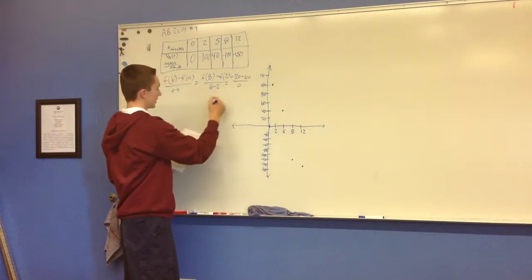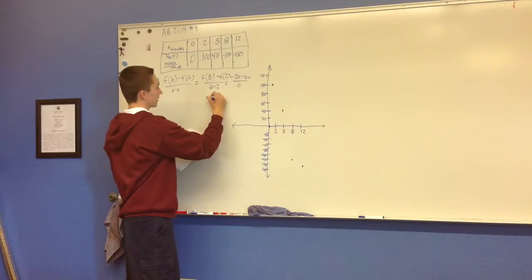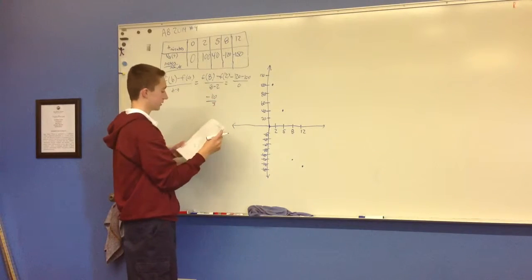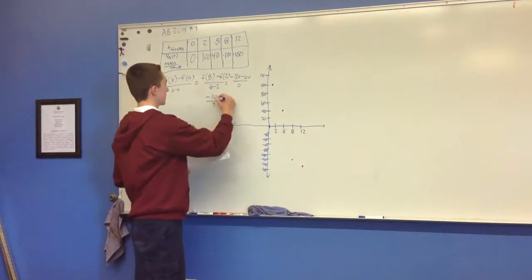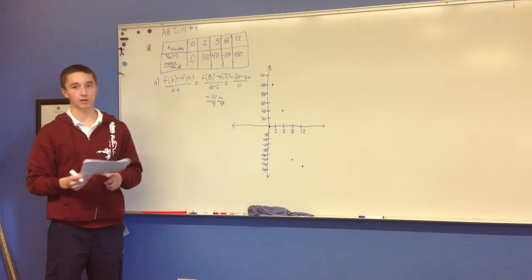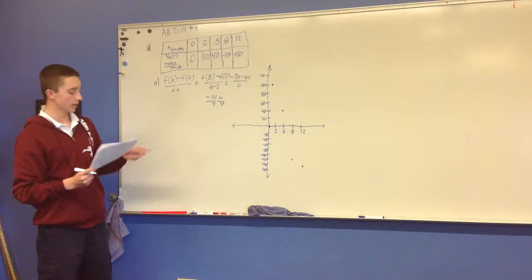Then we simplify until we get negative 110 divided by 3 meters per second squared, which is the average acceleration of train A over the given interval.